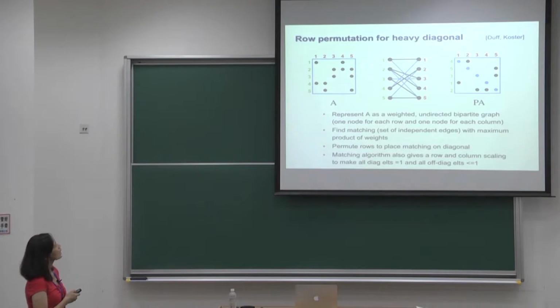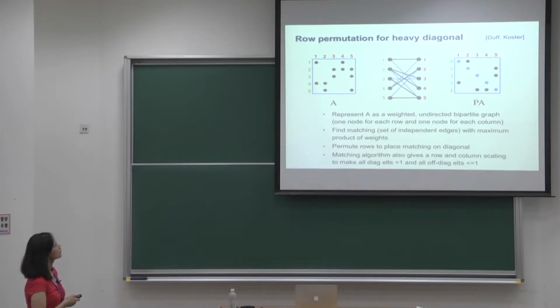Then those edges give you a good, relatively big diagonal. In order to put that onto the diagonal, you essentially just need to permute these row vertices. Instead of 1, 2, 3, 4, 5, you do 4, 5, 3, 1, 2. Then those light blue guys will be on the diagonal. Okay? So you get a good diagonal.